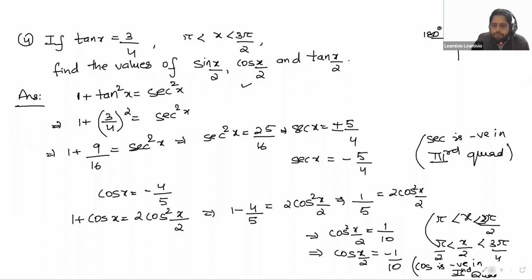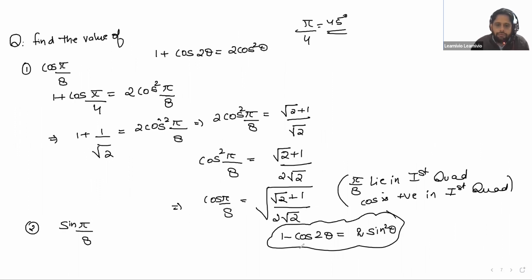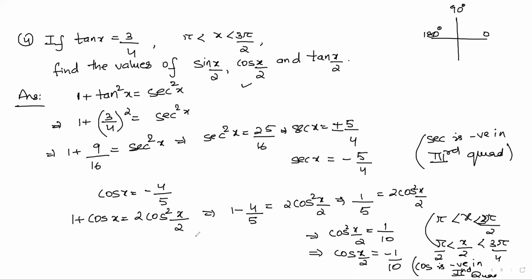For the sine, we have used which formula? 1 minus cos x. So if we need sin x by 2, we will use the formula 1 minus cos x is equal to 2 sin square x by 2. Can you do this in homework? Yes, sir, I'll do it.